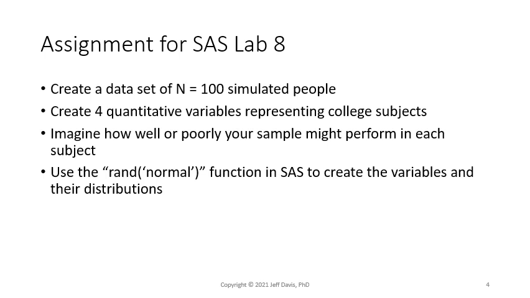I said, all right, these 4 quantitative variables represent college subjects. And what I wanted to do was to think about, in this general sample of 100 people, what the grade distributions would look like in 4 different college subjects.